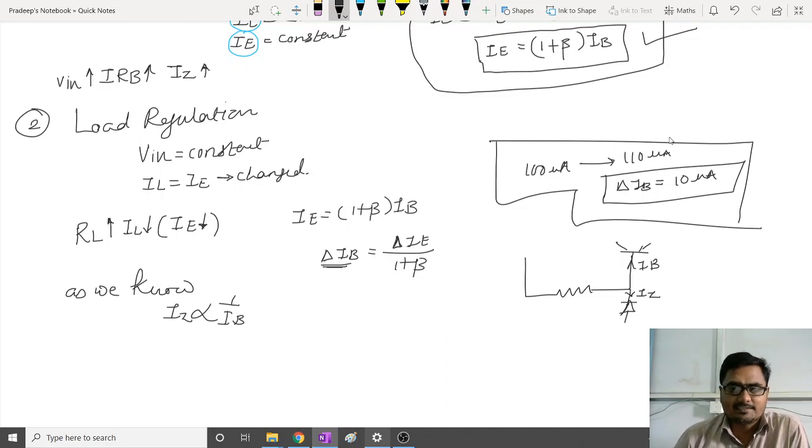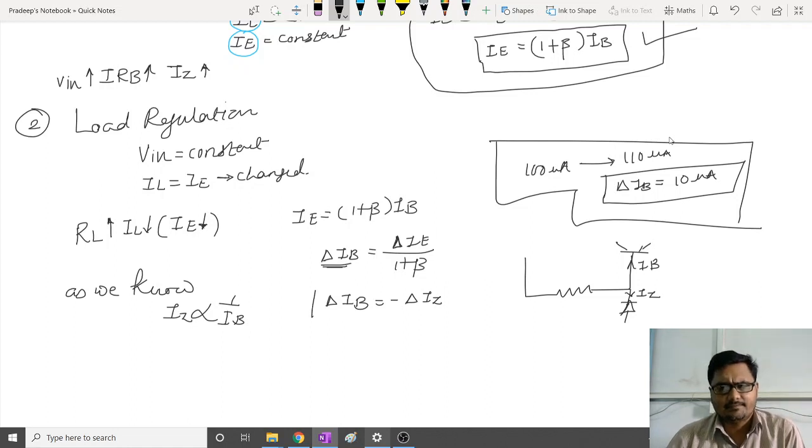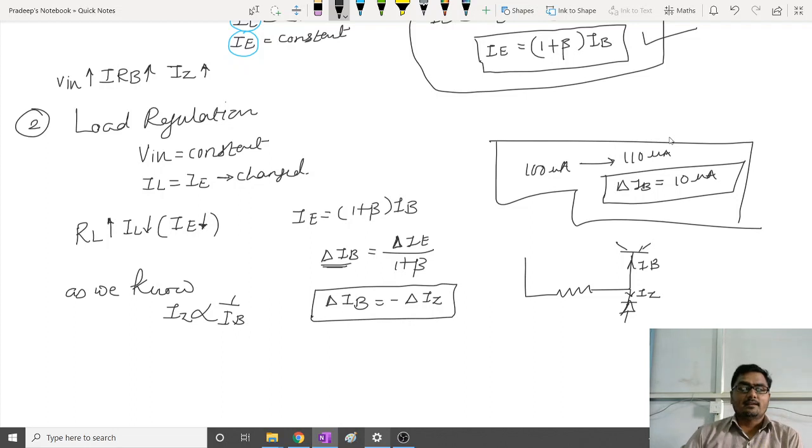If IZ increases, IB decreases. So delta IB is equal to minus delta IZ.